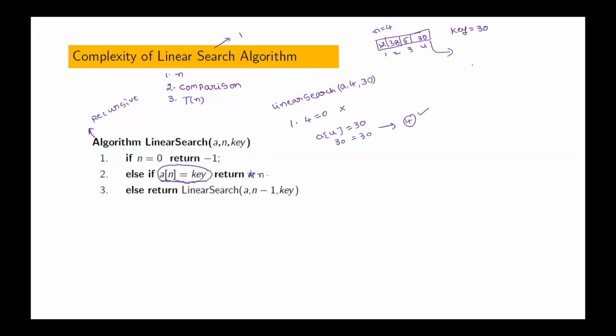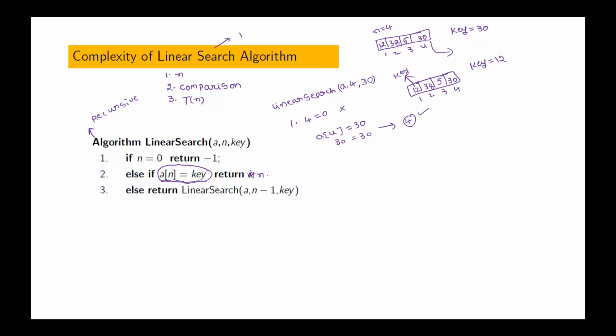But if our key is 12, how many times is it performed? Same input, key is 12. How many times is the operation performed? 4 times.